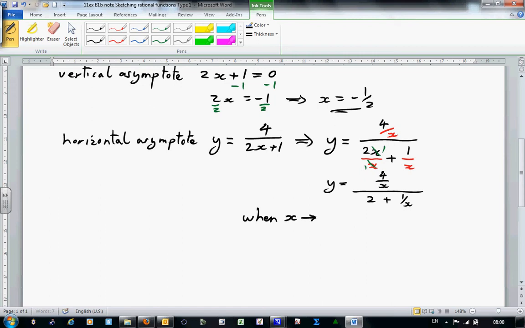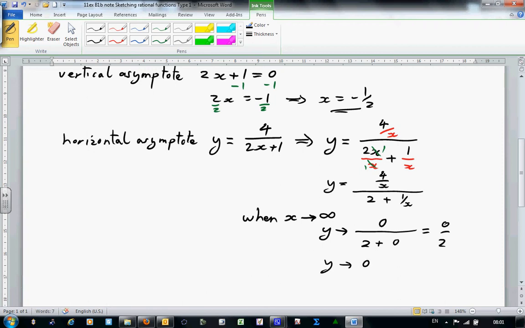Well, 4 over infinity, 4 divided by something really, really big, will eventually become 0. 1 over x, so 1 over something really, really big, will eventually become 0. So we end up with 0 over 2, which is 0. So what we're saying is when x gets really, really big, y is going to be 0. That's our horizontal asymptote. So let's have a look and see what we've got now.